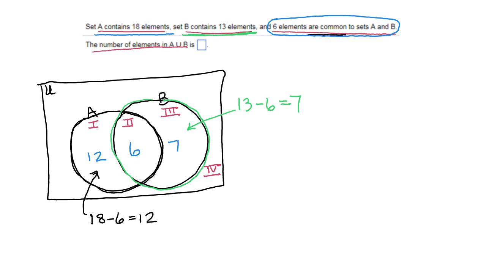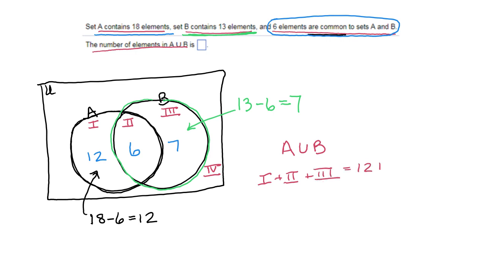And now that you have regions 1, 2, and 3 completed, you should be able to go in and find A union B. A union B, uniting them, is telling you to take region 1 plus region 2 plus region 3.